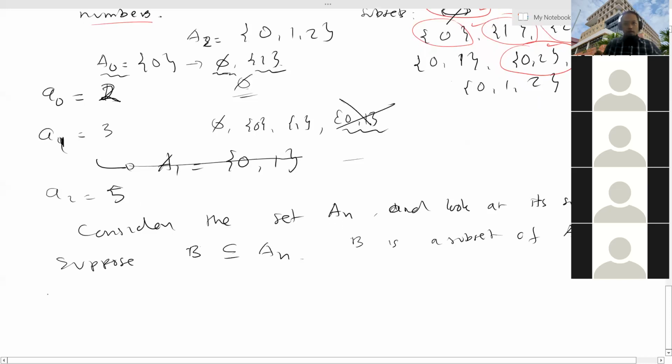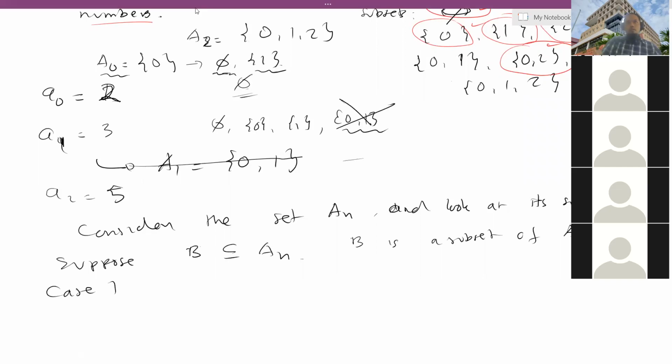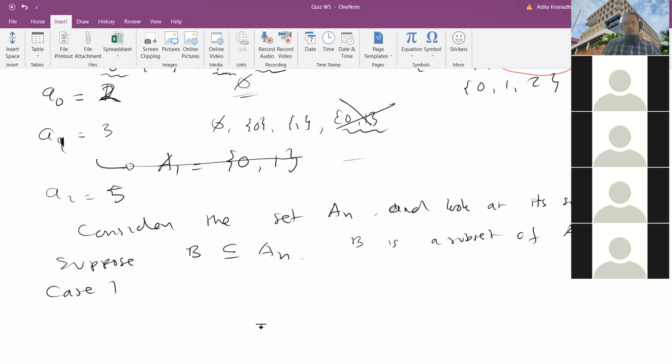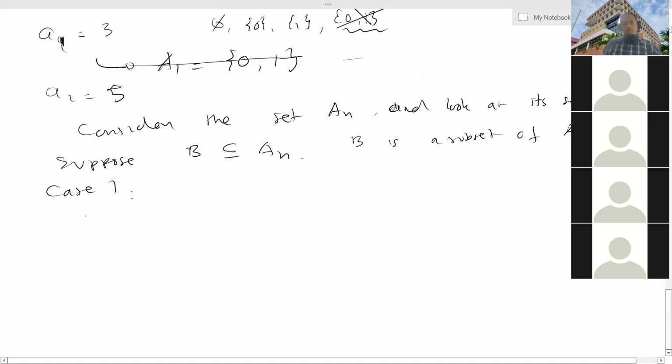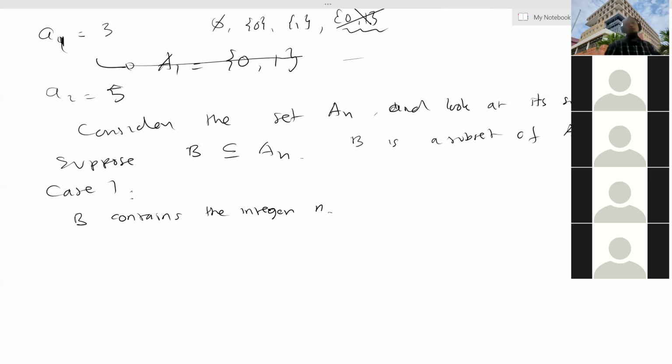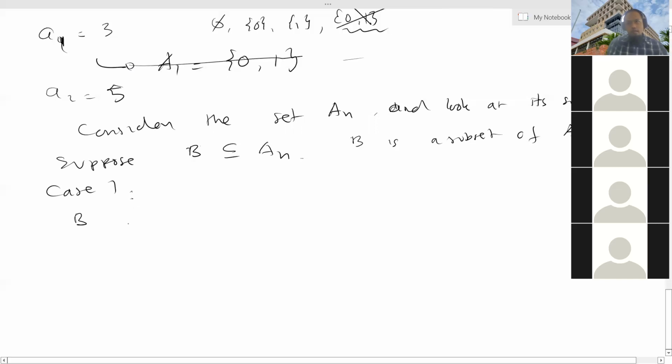Now, case 1: the easier one is B does not contain the integer n.